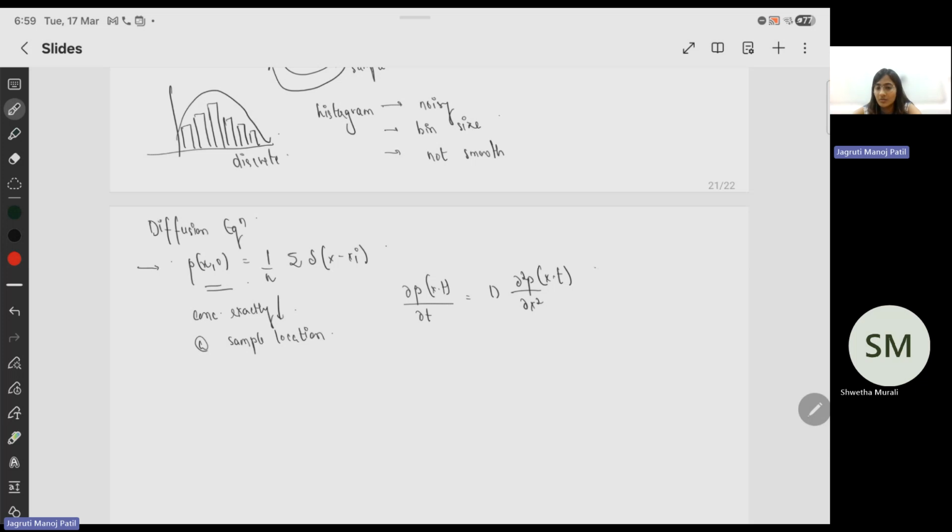This is your probability which is evolving over time. This is your diffusion term, and t is the smoothing time that you're looking at.